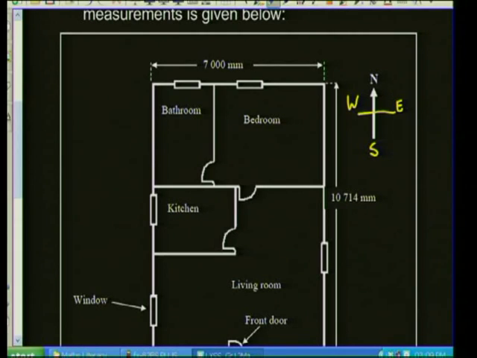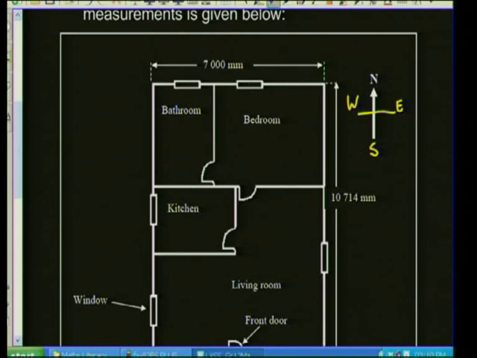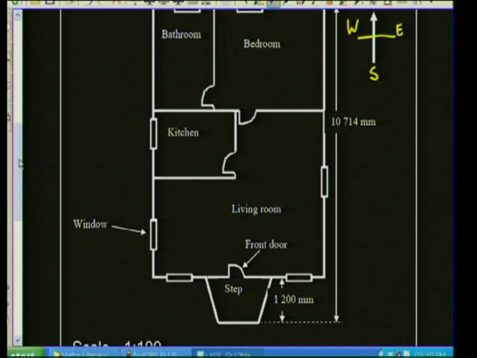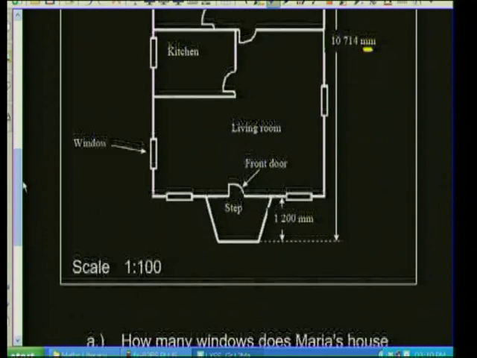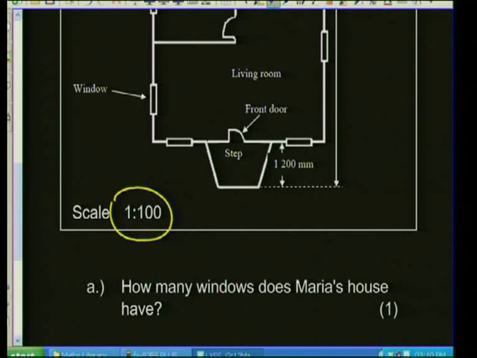Make your pictures interesting so it actually helps you to answer the question. So we've got a bathroom, bedroom, kitchen, living room, a front door, some steps, and dimensions on the board. On the drawings, these measurements are in millimeters, and it gives us the scale of our diagram.